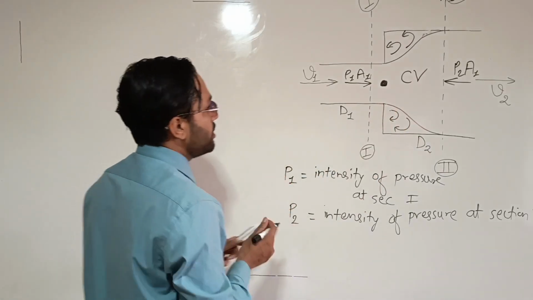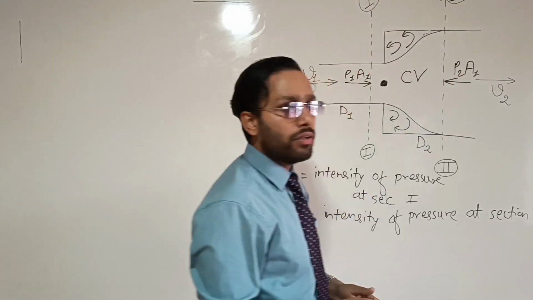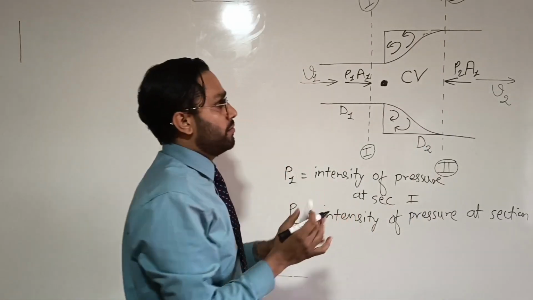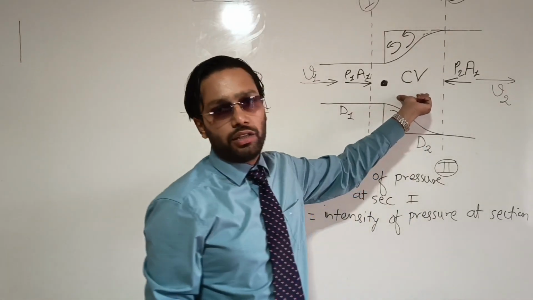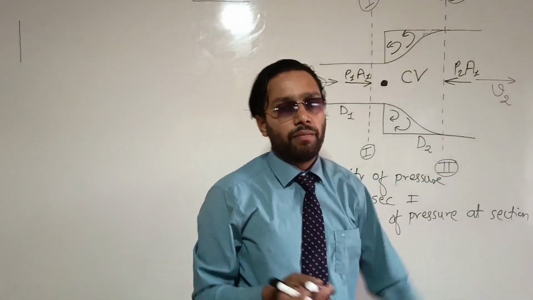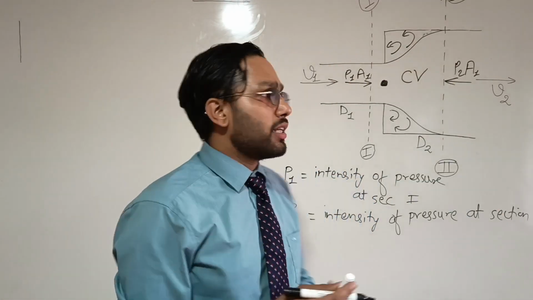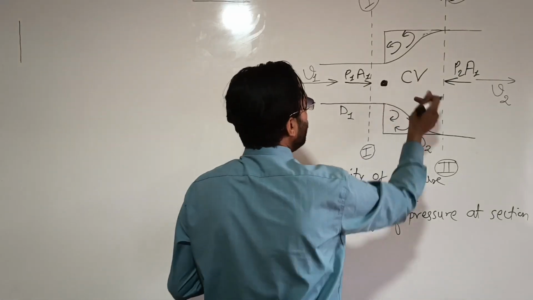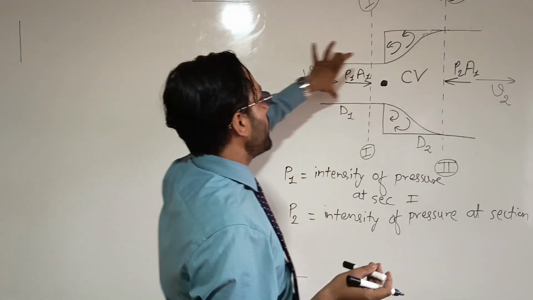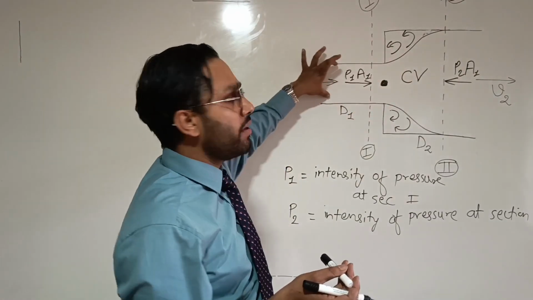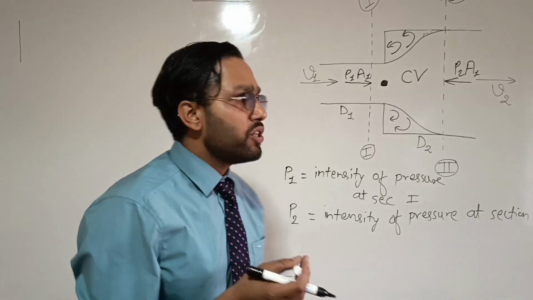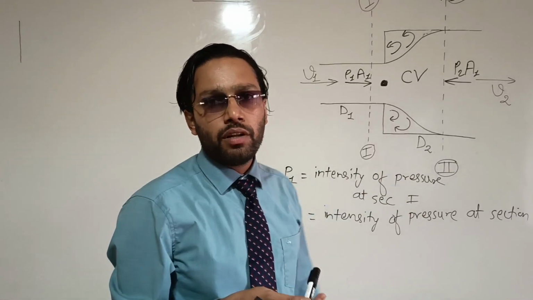We are not addressing the weight of the fluid inside this section, because it acts in the vertical direction, and we are applying the physical law in the horizontal direction. There is a velocity V1 here because it is a smaller diameter. A smaller diameter has the higher velocity, and a larger diameter will have the lower velocity. So there is a change in momentum.